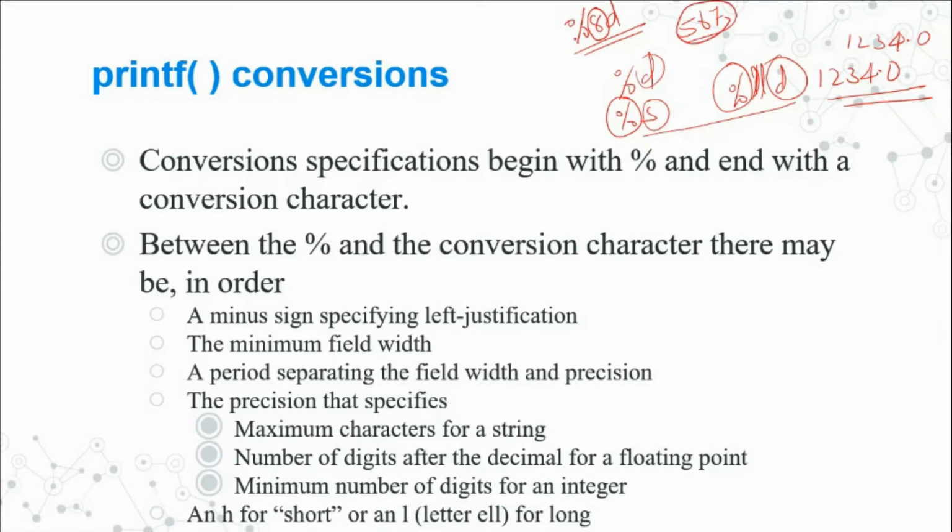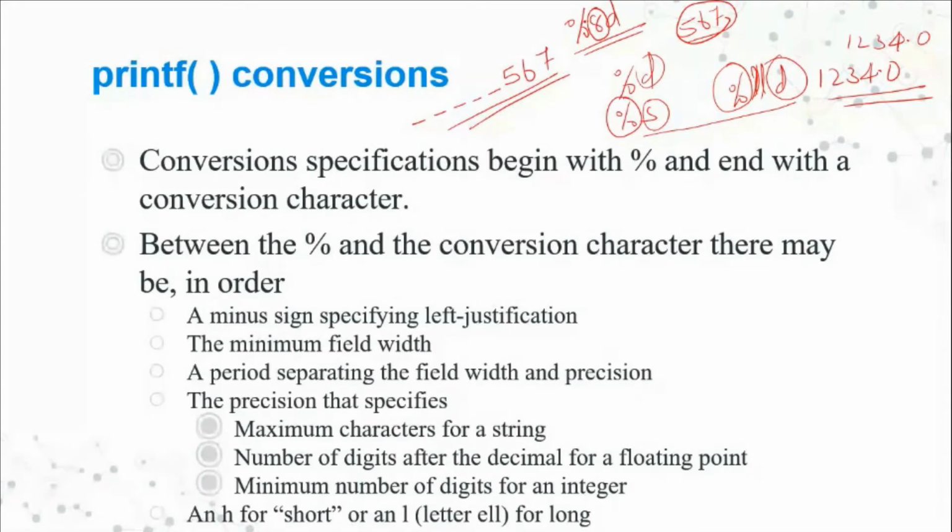If it is given as %8d, then what happens is it will leave 5 spaces, and on the 6th position it will print 5, next 6, then 7. So this is how %8d will print.